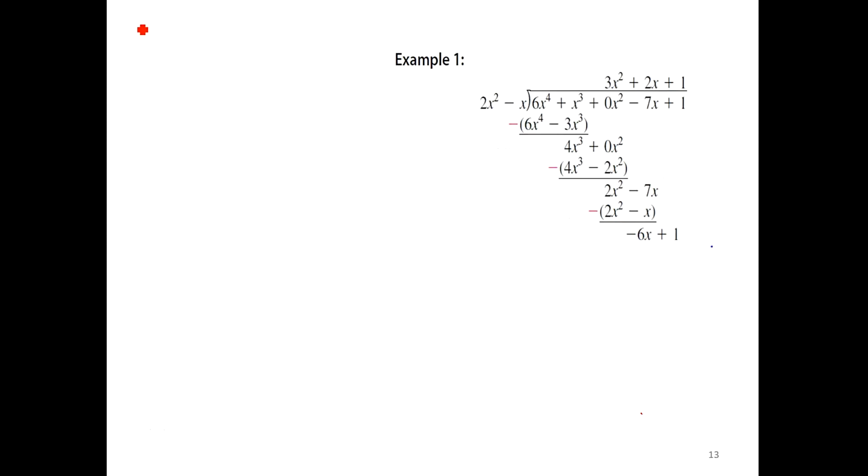We need to find (6x^4 + x^3 ± 7x + 1) over (2x^2 - x).